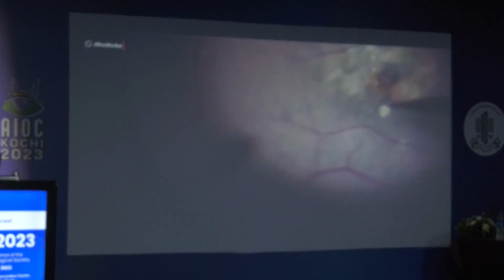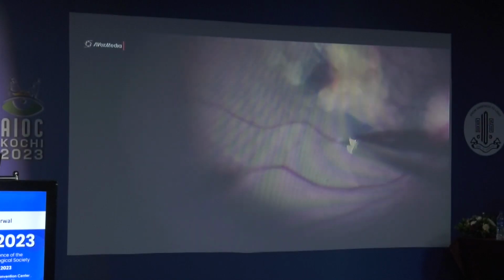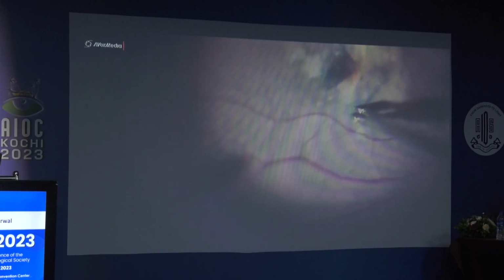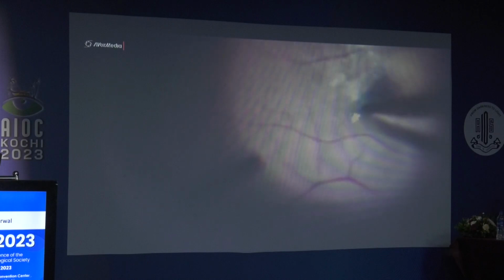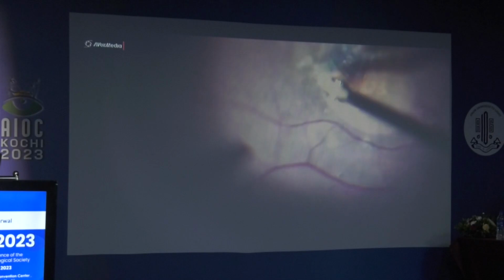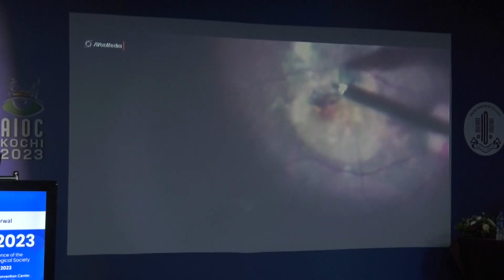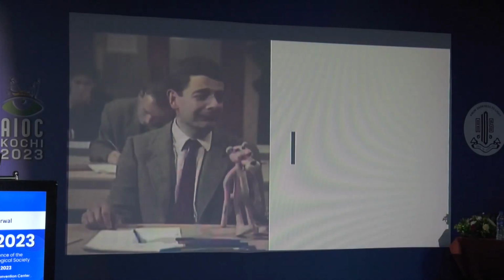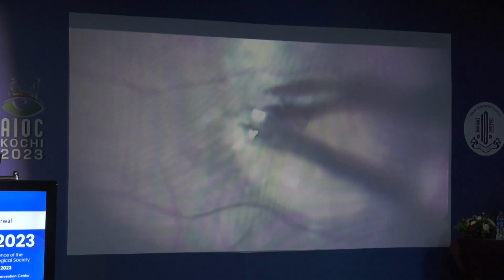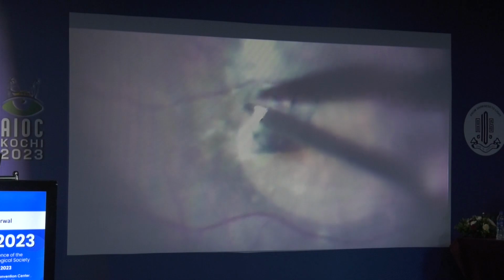The plan is to do an inverted ILM flap. Things were going really well when this happened. The ILM flap got dislodged from the hole margin.